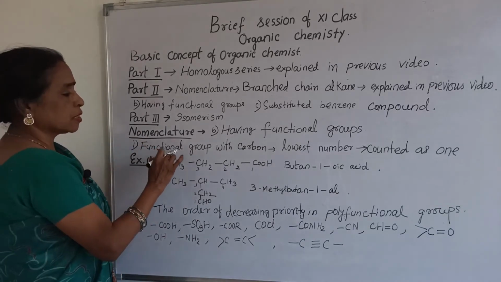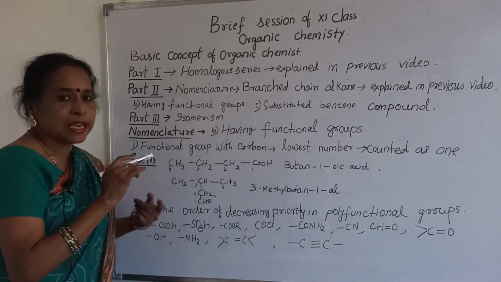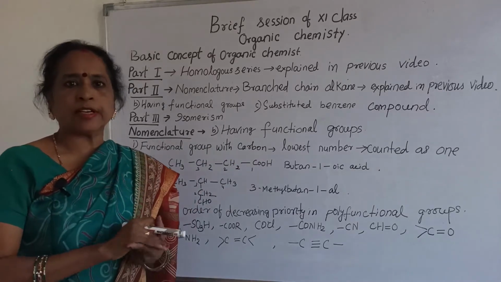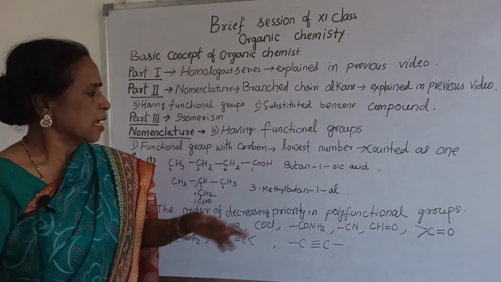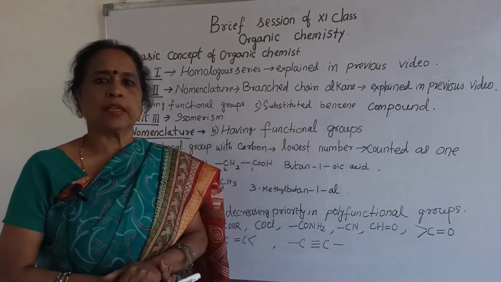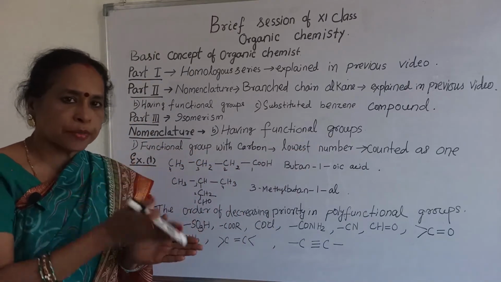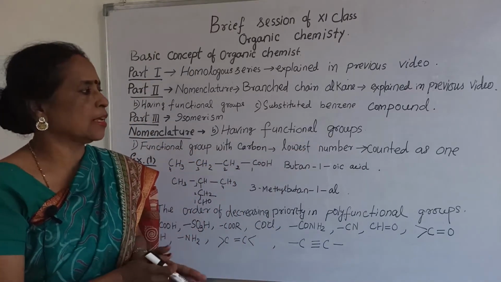First rule, functional group with carbon. If the functional group itself contains carbon, then it should get the lowest number, which means from that side we will count as 1.